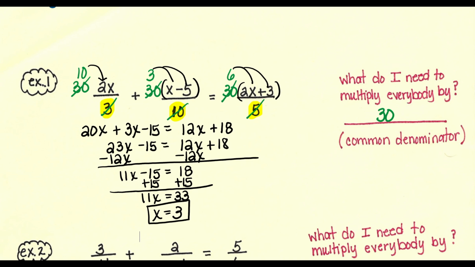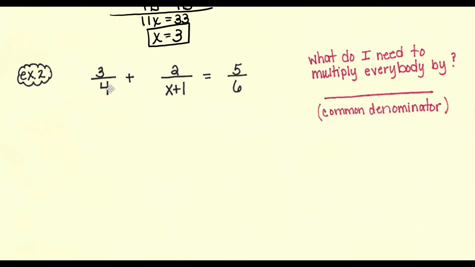On the second example, again, we want to look at our denominators, a 4, a group of x plus 1, and a 6. And we need to think to ourselves, what is a denominator that each of those will go into? I know that 4 and 6, I could pick 12, and that'll take care of those two.